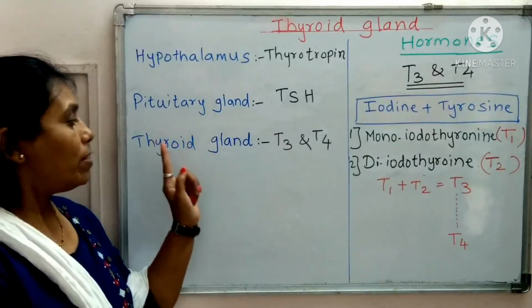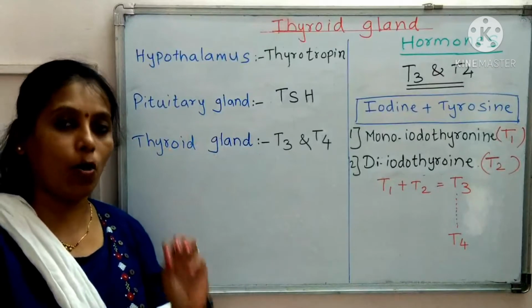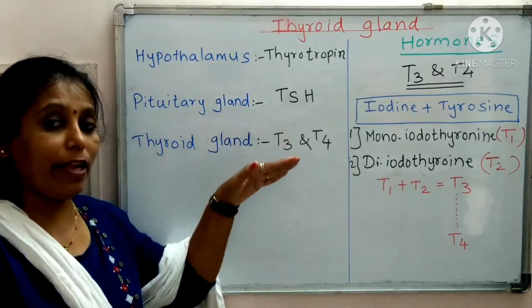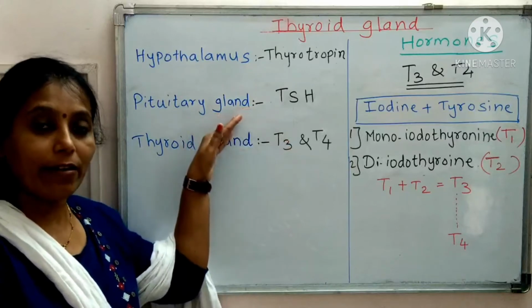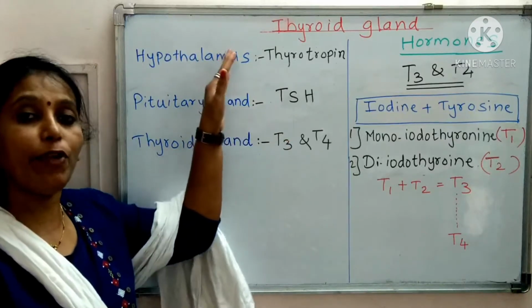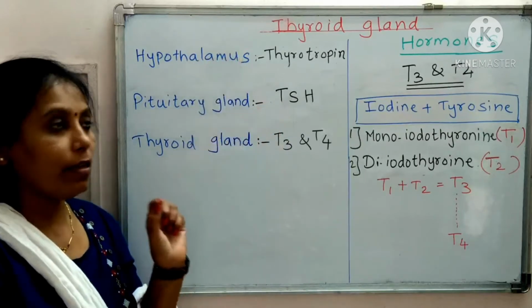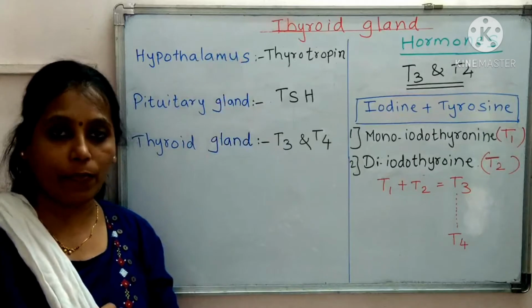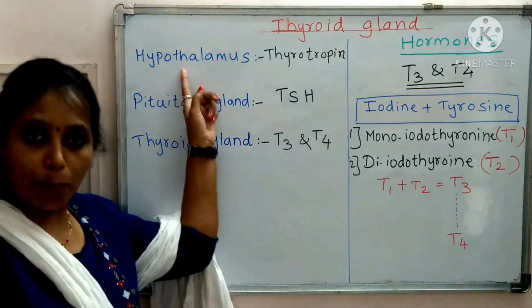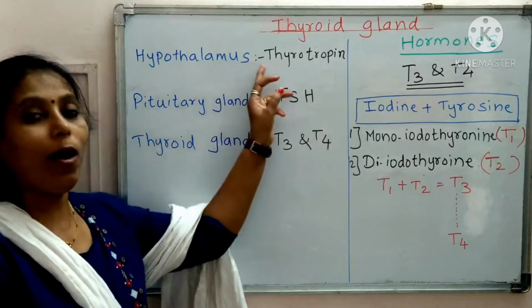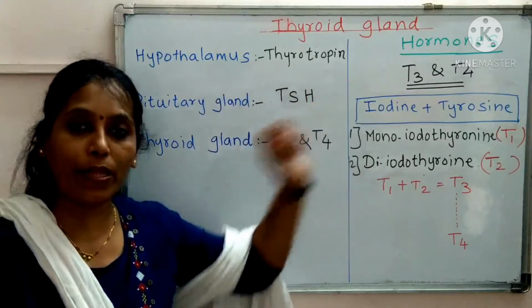The secretion of hormones by the thyroid gland is under the influence of the pituitary gland, and the secretion of the pituitary gland is under the influence of the hypothalamus. The hypothalamus is the part of the brain we have studied. This hypothalamus secretes the chemical called thyrotropin.